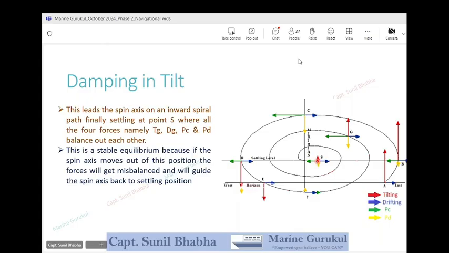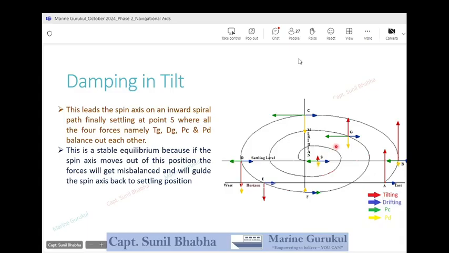This is a stable equilibrium because if you try to move the spin axis out of this position, the forces will get disbalanced and will guide the spin axis back to the settling position. Let's say, for example, the spin axis has settled here and you apply an additional force in this particular direction and take it somewhere here and leave it.